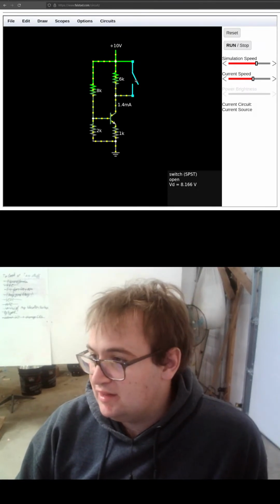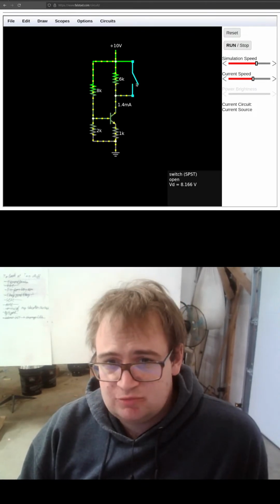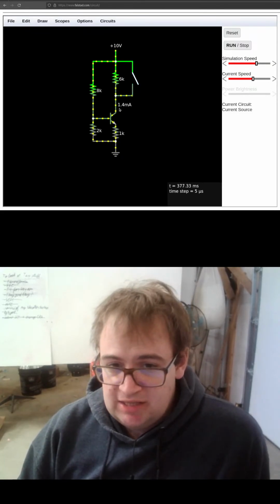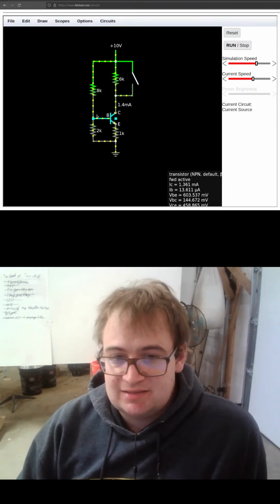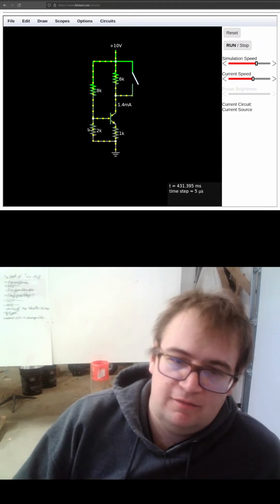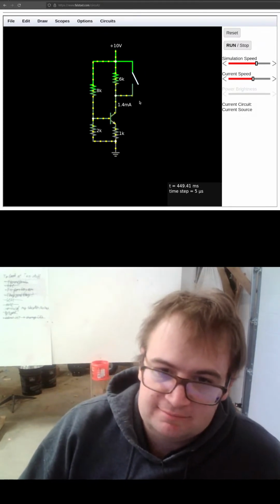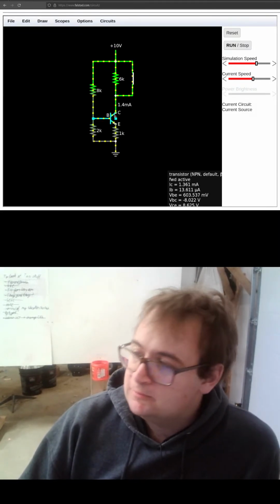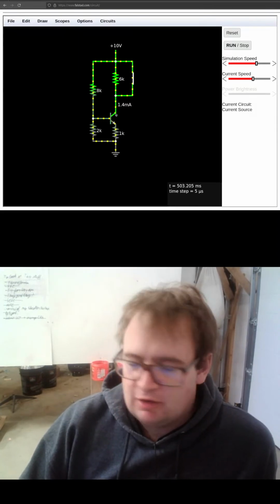But what they're saying with this switch is that when we switch it, it won't actually change this current, because this current is actually being set over here by this part of the circuit. Do that, and you see, we don't change that current.